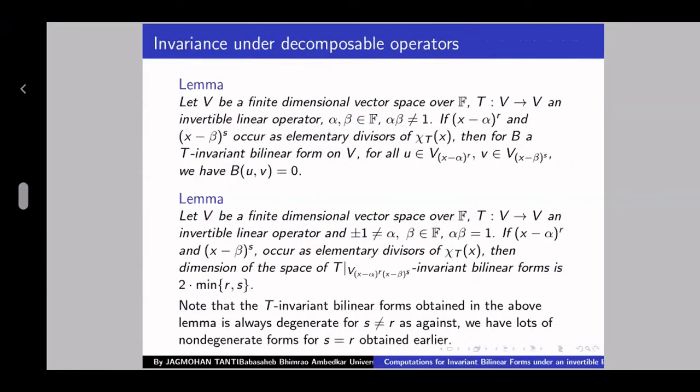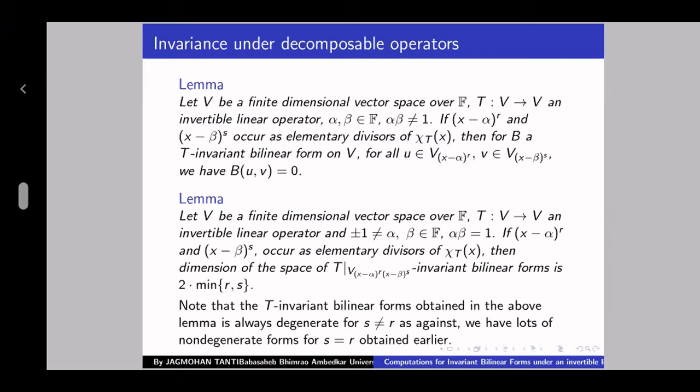Next thing is that, here we are taking a vector space finite dimensional over F, T an invertible linear operator, alpha, beta from F, and alpha times beta is not equal to 1.